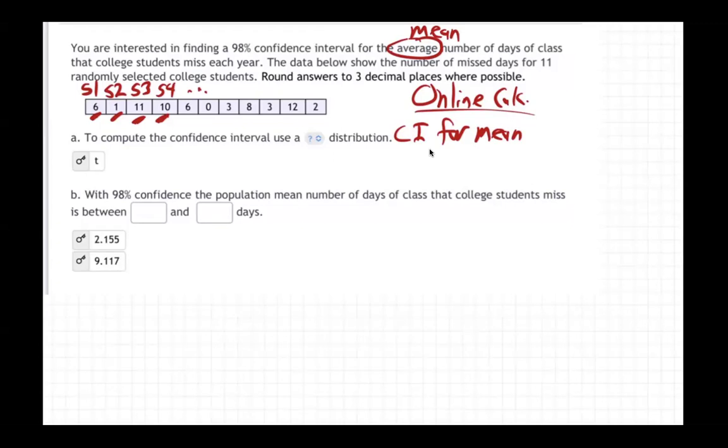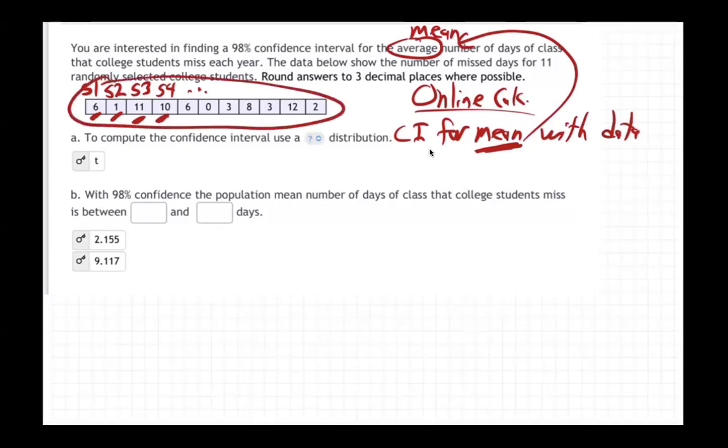We're going to do mean because it says average right there. And ours is going to be with data, because this is our list of numbers. So that's where we're going to go on the calculator. And our first answer here is T, a T distribution.